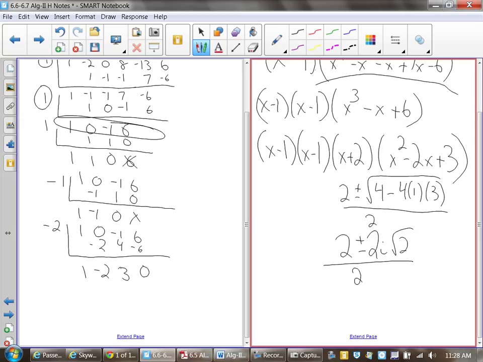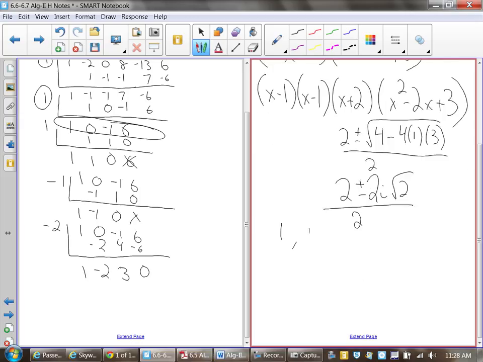This is 1. Good. So my final solution here, my 5 possible zeros are 1, 1, negative 2, and 1 plus or minus i root 2.